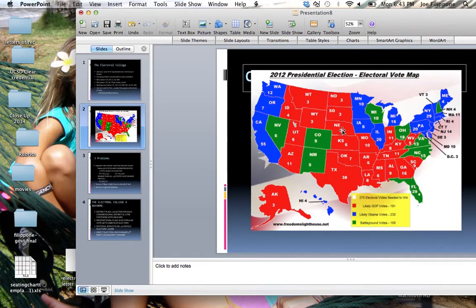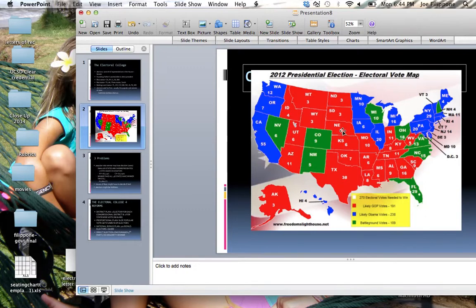So say Nebraska votes, let's just say 1 district went for Obama, 2 districts went to Mitt Romney, and then Mitt Romney wins the popular vote in Nebraska.